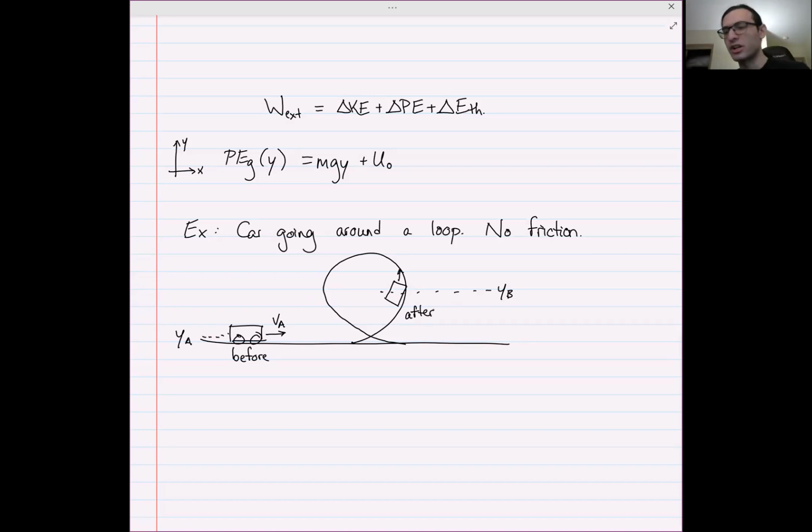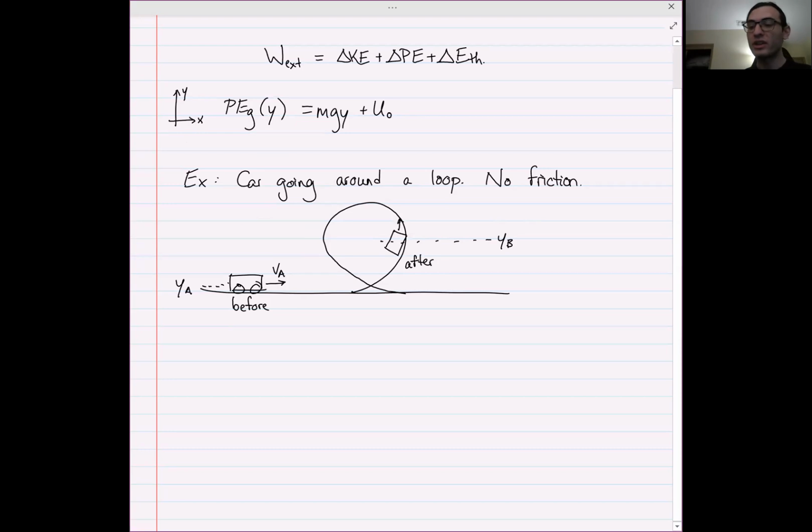So when we do energy conservation type problems, it's useful to break up the information into a before and an after, because energy conservation is all about changes in things: delta KE, delta U, delta E thermal. And a change means that you have a final minus an initial. So that's why we need to do this. If we assume there's no friction, then there's no non-conservative forces.